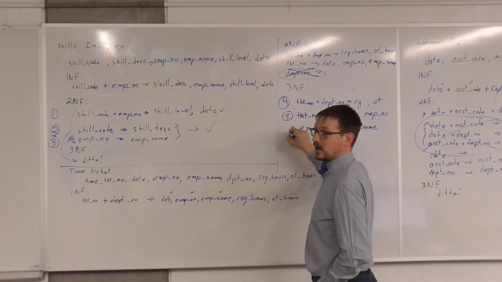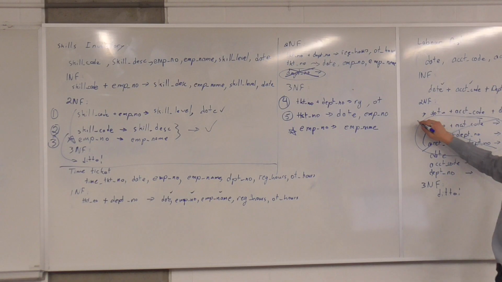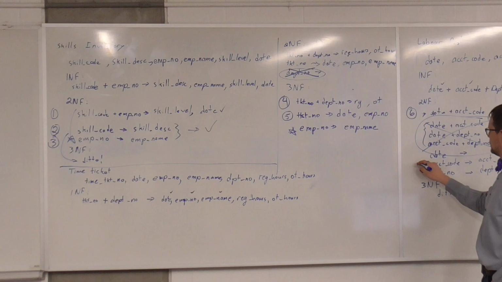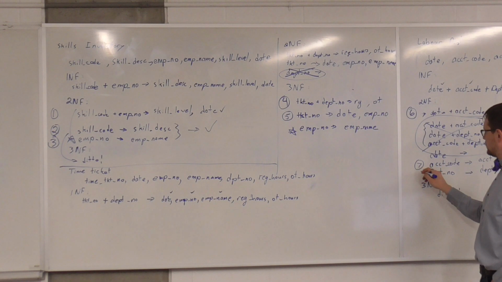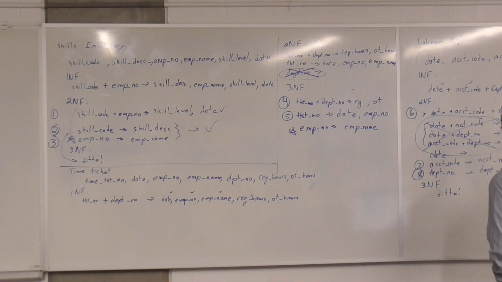We already got that one. 6, that one. 7, account code. And we have the right number of tables, my friends. So now it's time to draw the ERD.